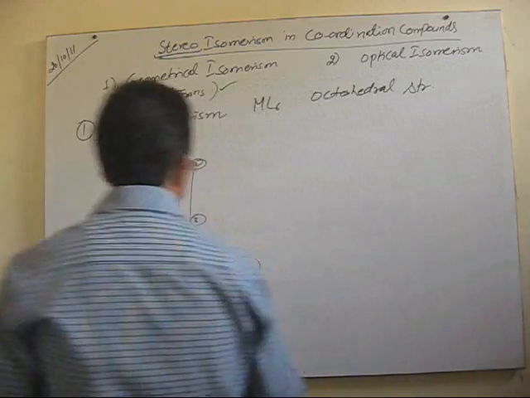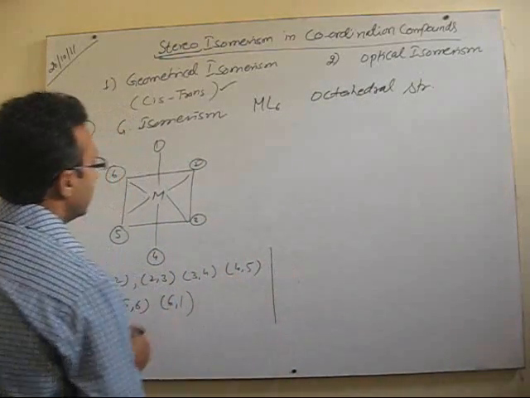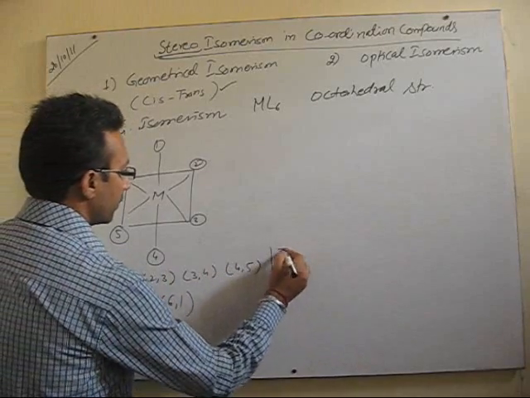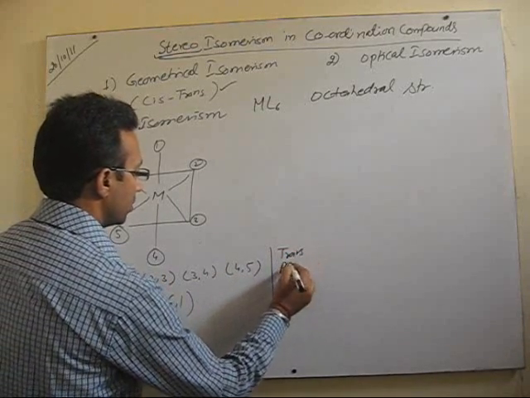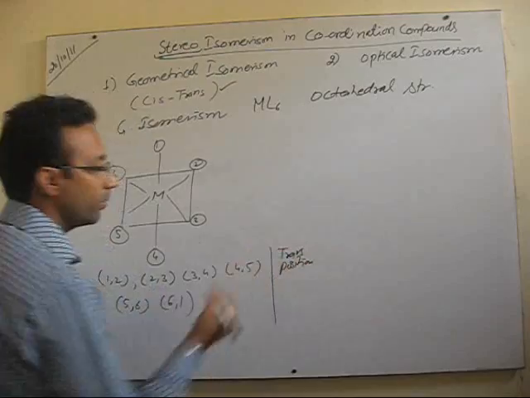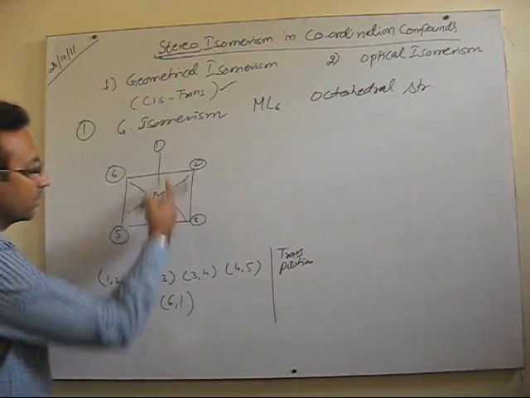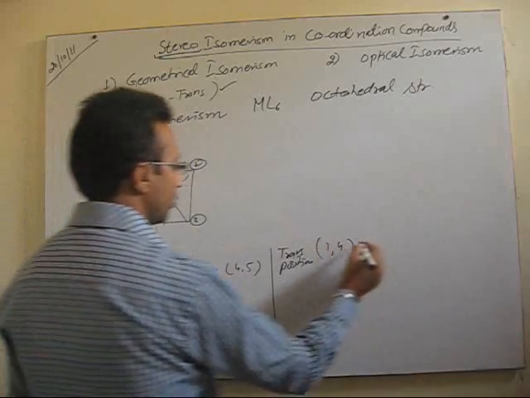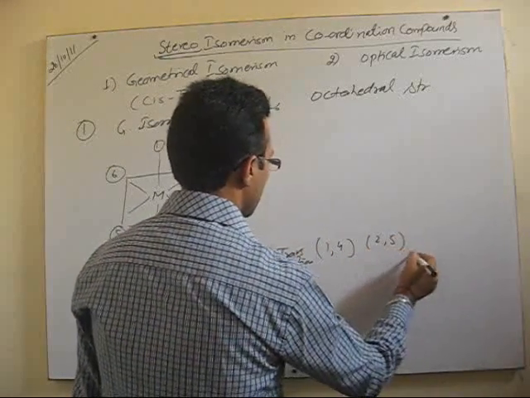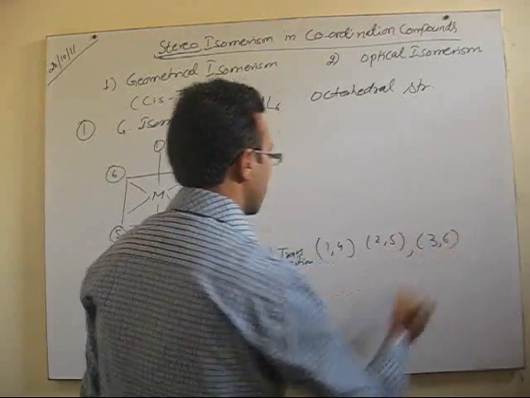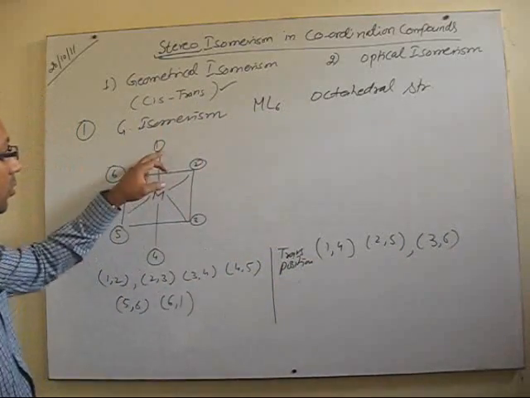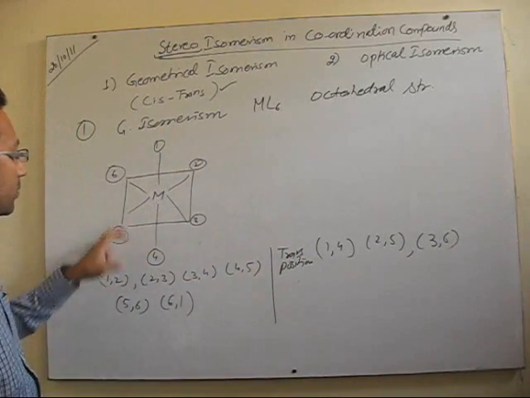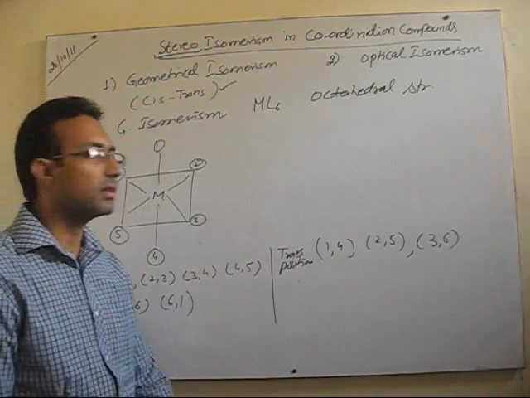Fine. Then similarly, there are trans positions also. The trans positions are diagonally opposite positions. For example, 1, 4 is a diagonally opposite position. 2, 5 is a diagonally opposite position, and 3, 6 is also a diagonally opposite position. If the two same ligands are present on these positions, that will be considered a trans position.